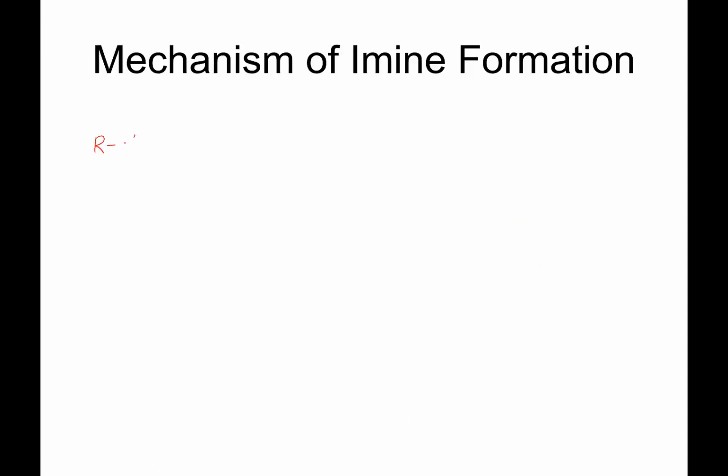If I take a ketone, and I'm going to add to it a primary amine, the primary amine is going to come in, attack the carbonyl, and have the pair of electrons go up there. It can do that on its own because it's a strong enough nucleophile.